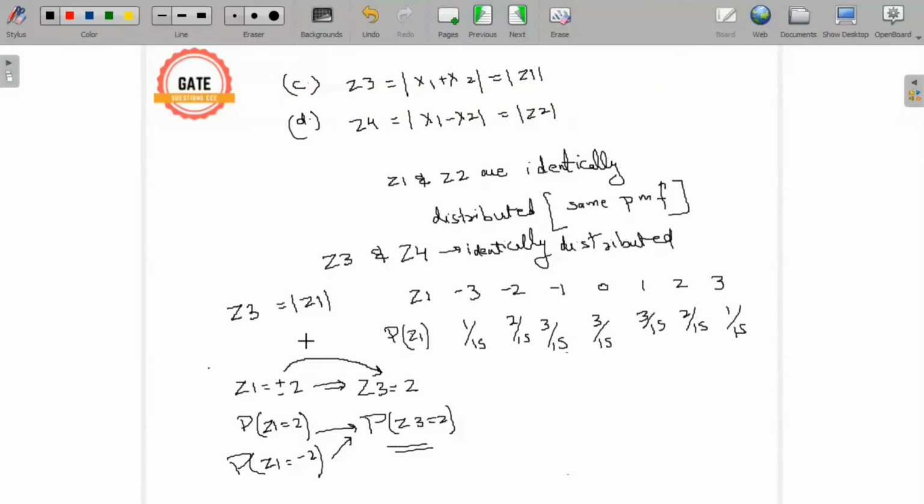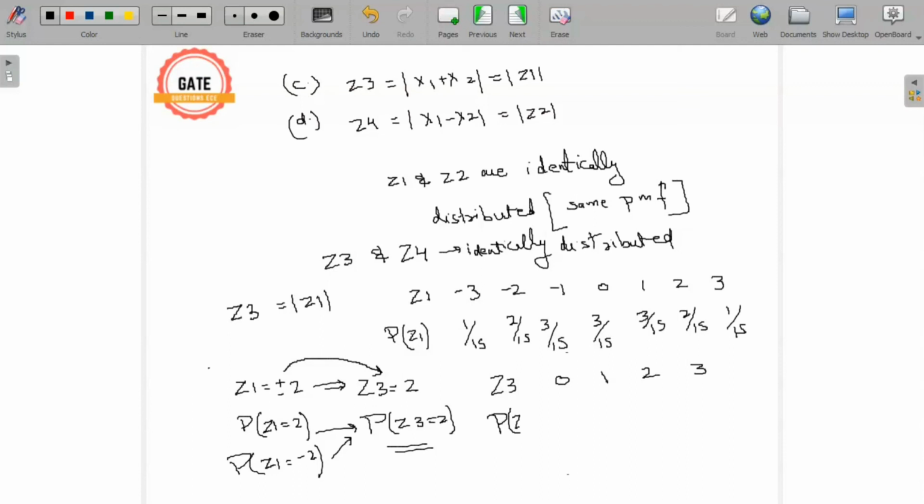Similarly, for all the many to 1 transformations like plus minus 3, plus minus 1, we will have to add them to calculate corresponding positive values probability. So I am going to write here what are the possible values of Z3. Z3 will be 0, 1, 2 and 3. These are all the possible values for which Z3 will have non-zero probability.